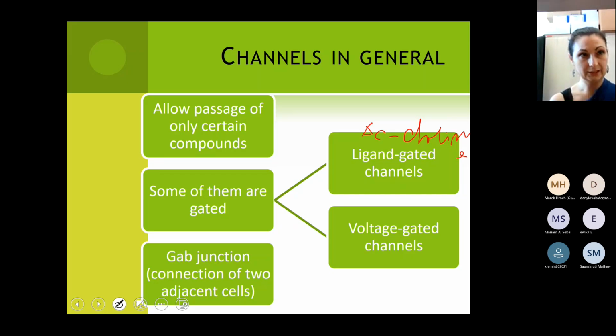They are created like channels or bypasses. However, it's usually just in certain tissues, like liver tissue, or in one type of cells, like beta cells within the islets of Langerhans, which also have gap junctions. So this is what can be said about channels in general.